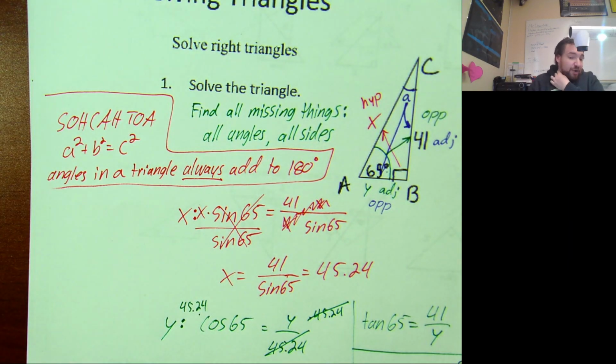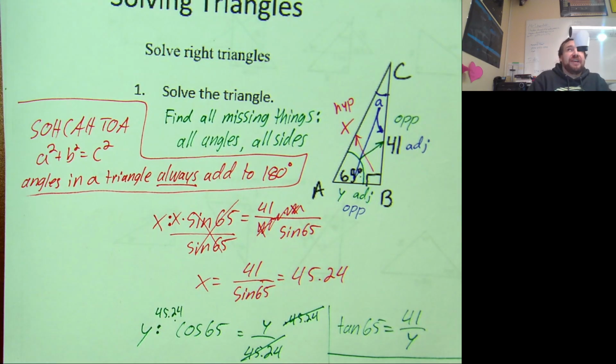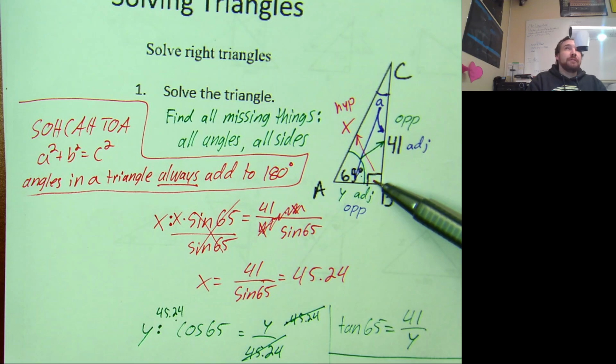So I could use sine, cos, or tan to find that angle. Or I could say, well, the angles in this triangle add up to 180. And how many angles do we already know in this triangle? 2 of them. This one down here is, and this one right here is.